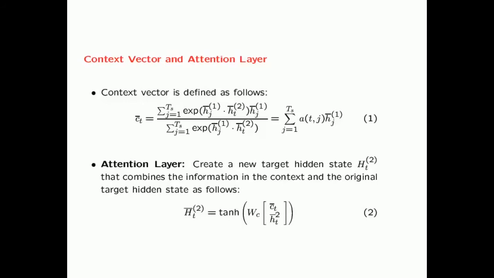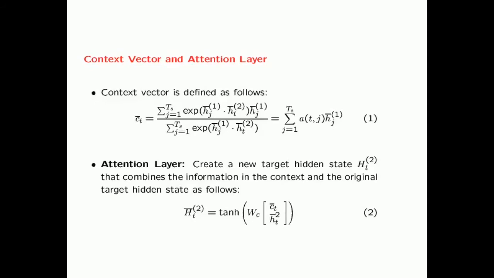So here what you're doing is that you're taking all the source states and you're weighting them with a value ATJ, which is between 0 and 1. All the ATJs, when you sum over all the J's for a particular target position T in the target sentence, have weights over all possible source positions which sum up to 1, and each hidden state in the source sentence is being weighted by ATJ.